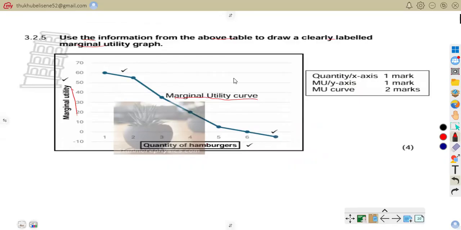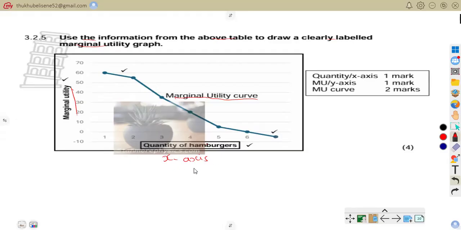So what the graph shows here, the graph that we are on, 3.2.5, represents the marginal utility of hamburgers as more are eaten. The x-axis, which is horizontal, shows the quantity of hamburgers.